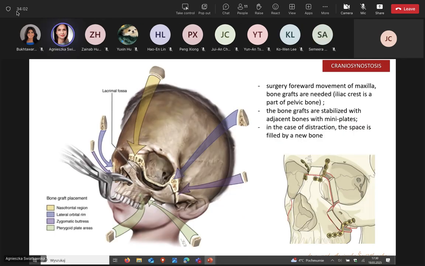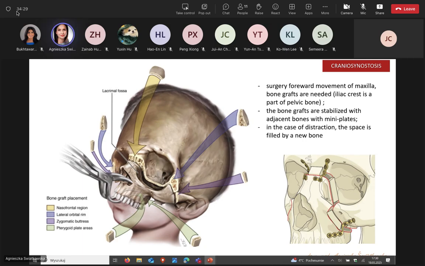If we don't use a distractor, when we cut the bone we should fill this space with bone grafts. Bone grafts are usually taken from the iliac crest, a part of the pelvic bone, and are stabilized with adjacent bone with miniplates, as you see here.